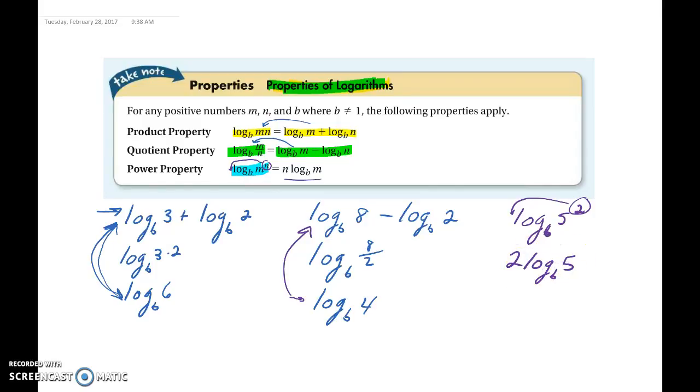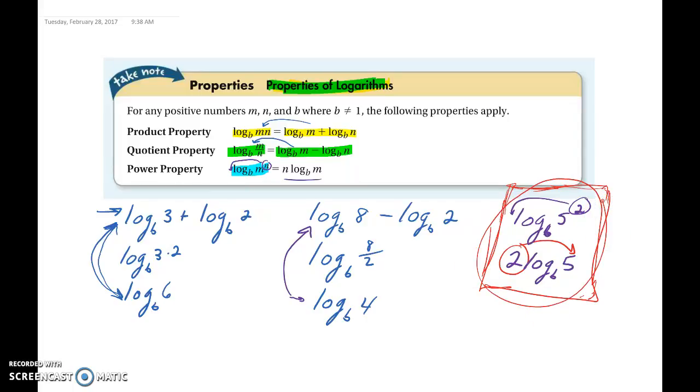You'll also at times need to go in the other direction, where if you see a number being multiplied to our logarithm, it means it's being raised to a power. You need to be able to do all of these, and you use all of them to solve logarithmic equations, but this one is the one that I see a lot of people struggle with when solving equations.